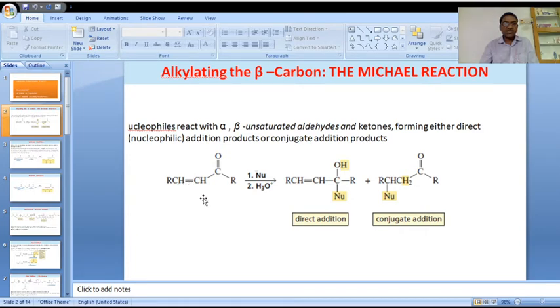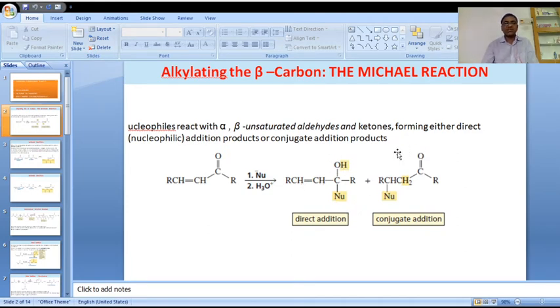In that case, the pi bond shifts and breaks, and the alpha carbon abstracts hydrogen from water, while the nucleophile attacks the beta carbon. This is called the conjugate addition product. The first one is the direct addition product.